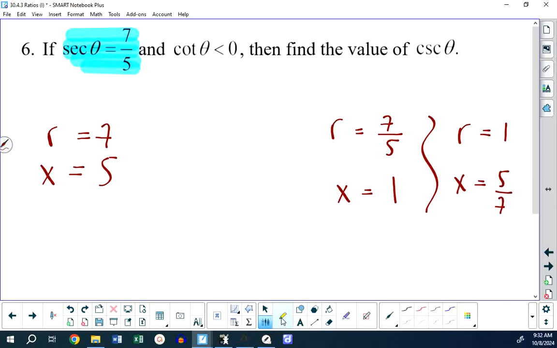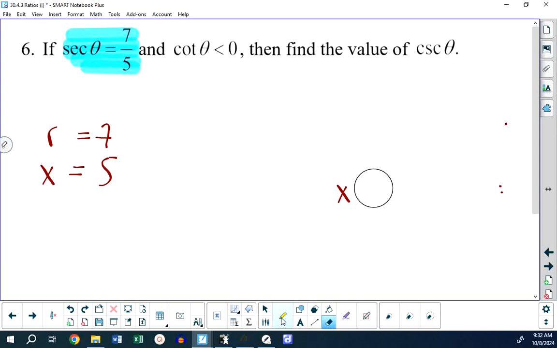Yeah, because 1 divided by 5/7 will give you 7/5. But why would you? Why would you do any of that? This arm that corresponds to theta extends forever. It's going to intersect a lot of points. I think you understand that whatever the question is asking, we need to know why.